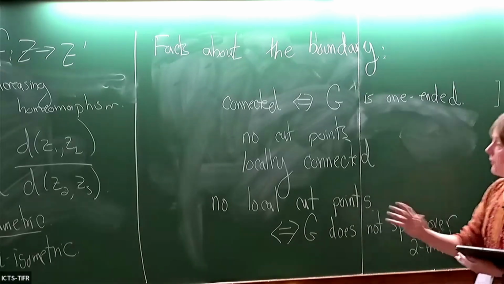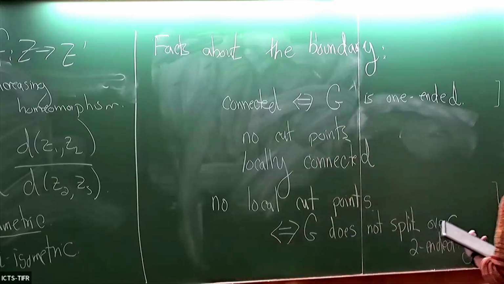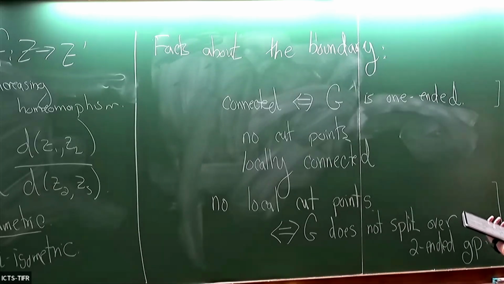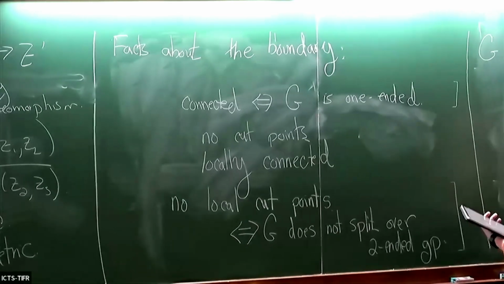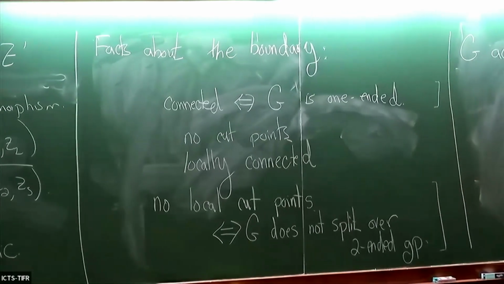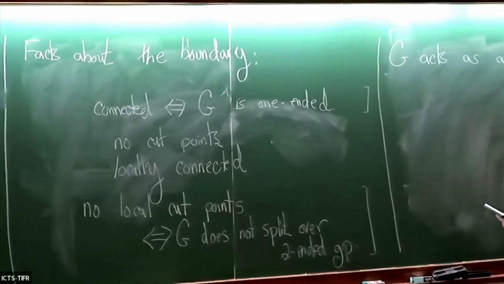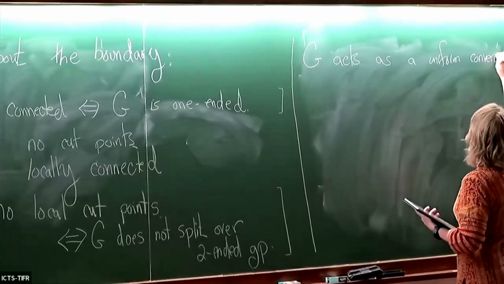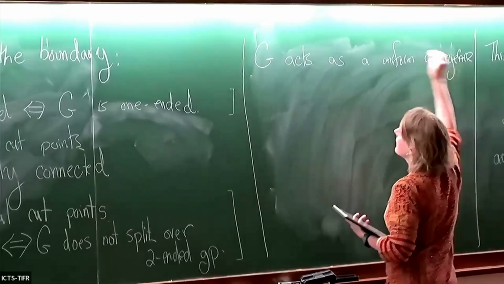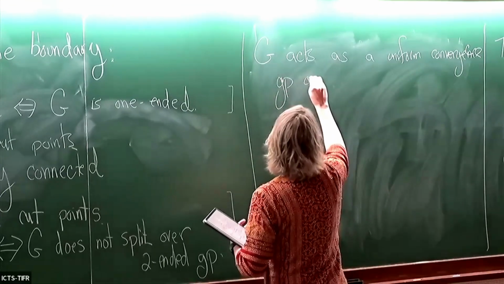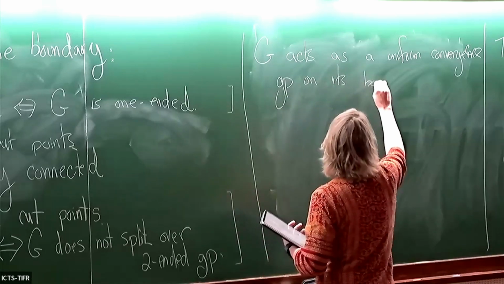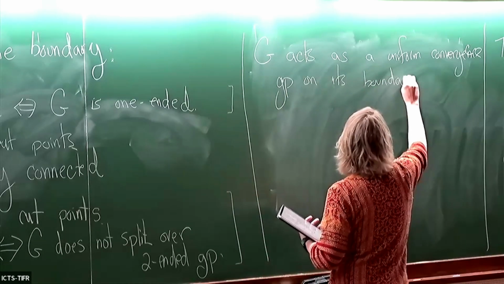Also, if I look at a group acting on its boundary, it has nice dynamical properties too. G acts as a uniform convergence group on its boundary. There are many equivalent definitions.